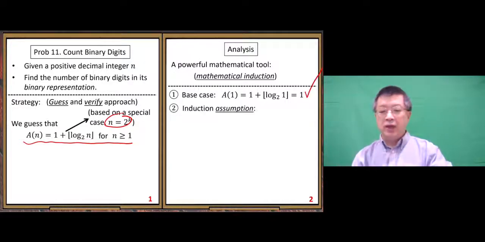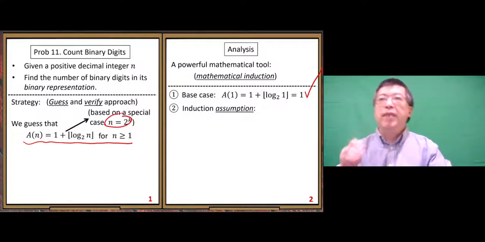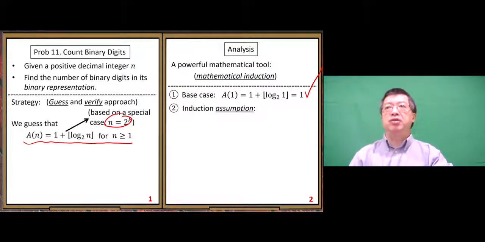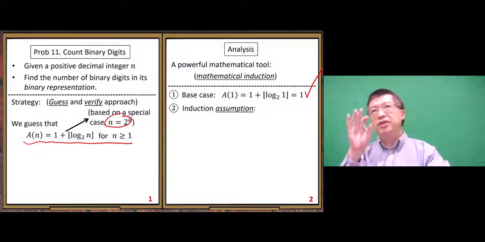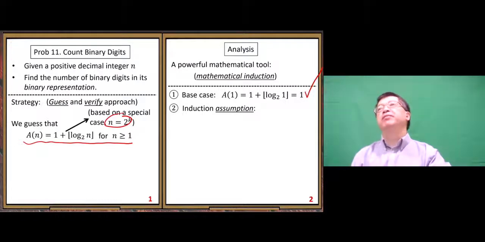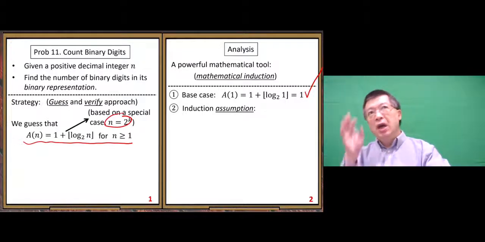Correct. Step 2, we make the induction assumption. In this step, we just make an assumption. We do not need to prove anything, right? But this is an important step. So let's see what kind of assumption we should make.